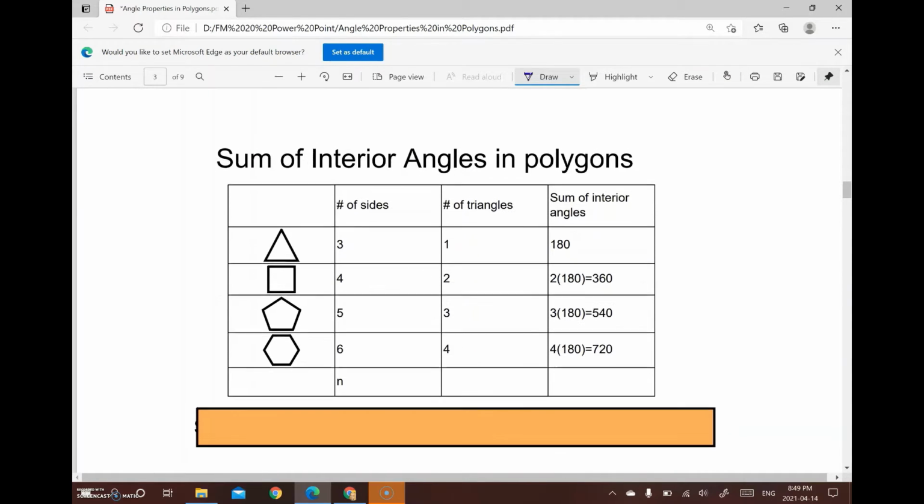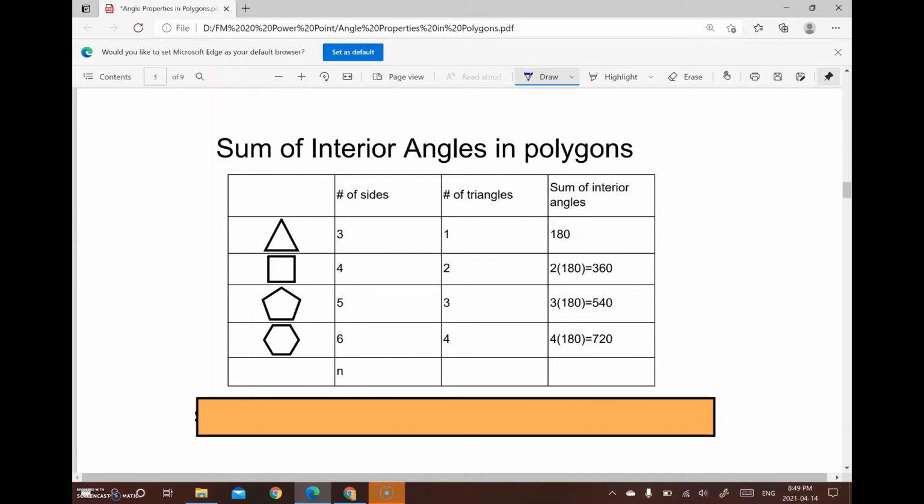There are some patterns when we look at the sum of interior angles in polygons. The first one, a triangle with 3 sides. It is made up of just one triangle, and we know from before that all 3 angles add up to 180. If I have a square, I could break up a square into 2 triangles.